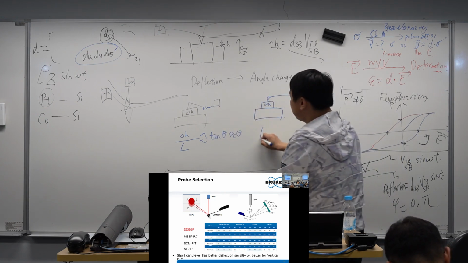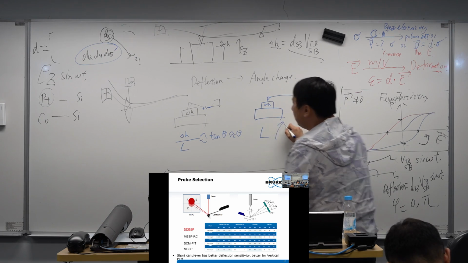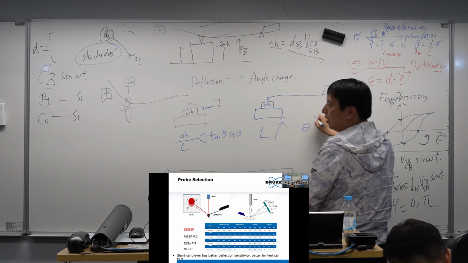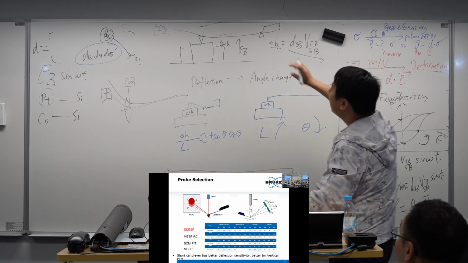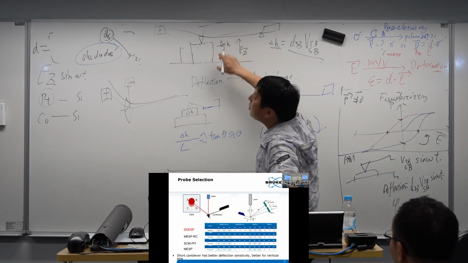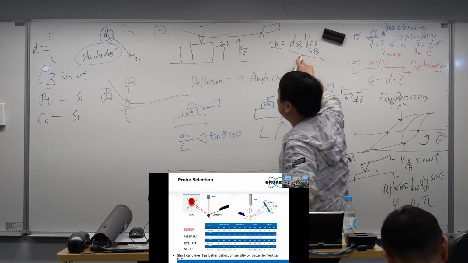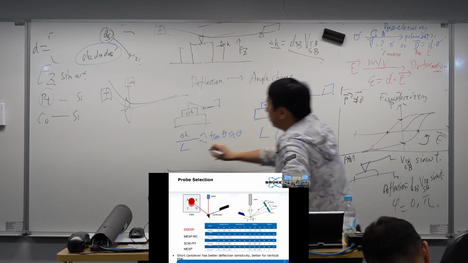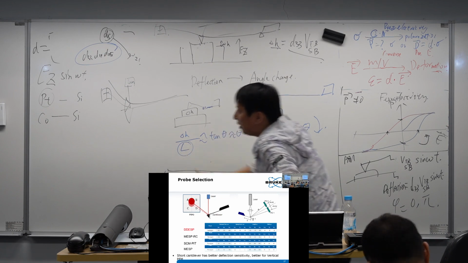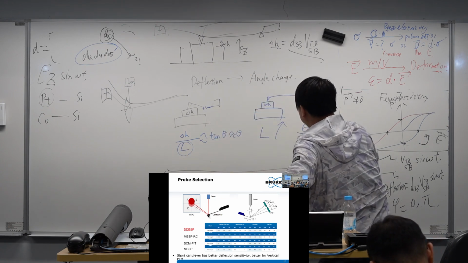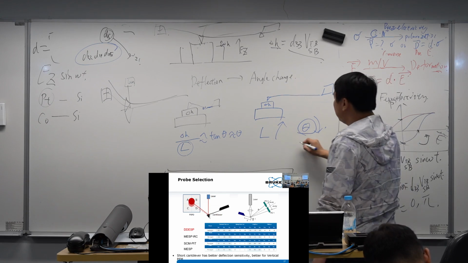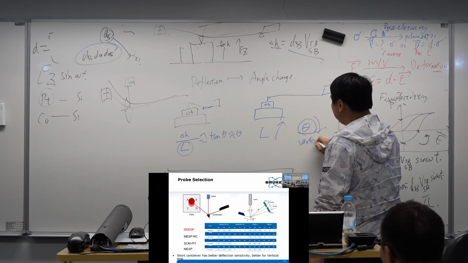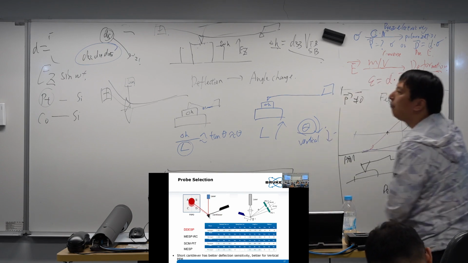So the longer the length, the smaller the theta change, because the delta H is the same, since the sample's deformation is defined by D33. A small change of the angle means the vertical value changes less.